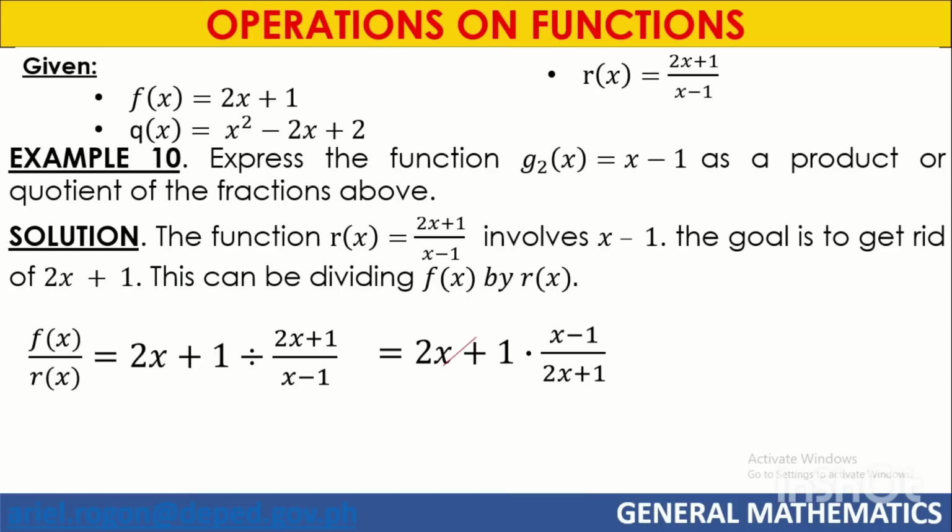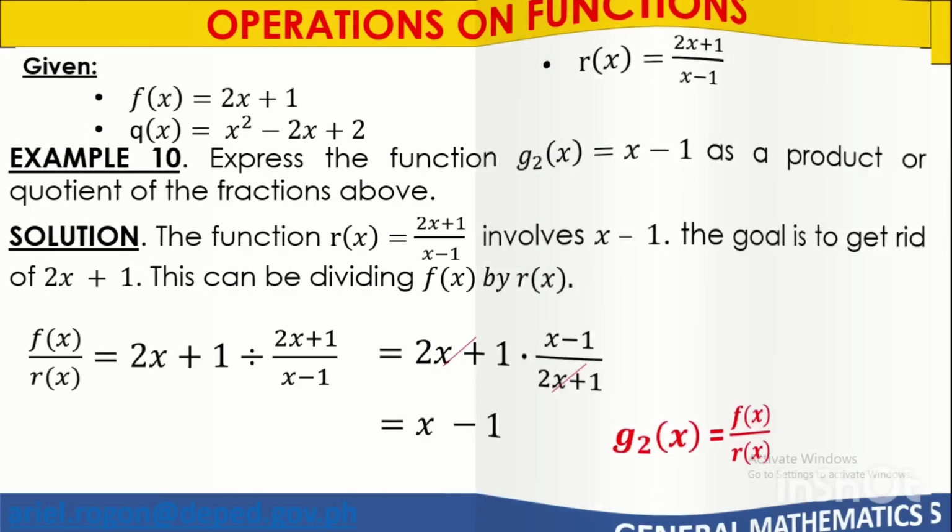Okay. Since this is division, we need to get the reciprocal of your divisor, no? So, i-reciprocal natin to. So, 2x plus 1 times x minus 1 all over 2x minus 1, kaya maka-cancel to. So, therefore, the answer is x minus 1. And that is the quotient of f of x over r of x.